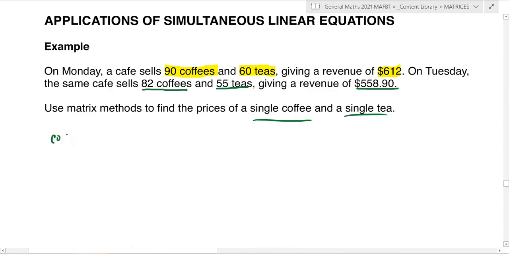For coffee, I'm going to use the variable x, so x represents my coffees, and for tea I'm going to use the variable y, just so I don't have to keep writing coffee and tea in my matrix equation.